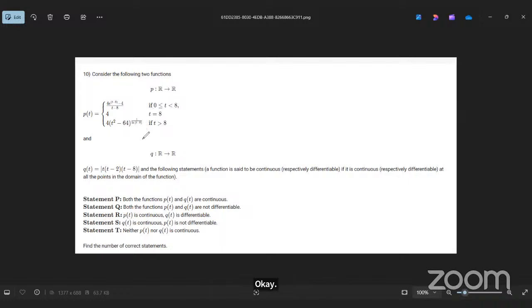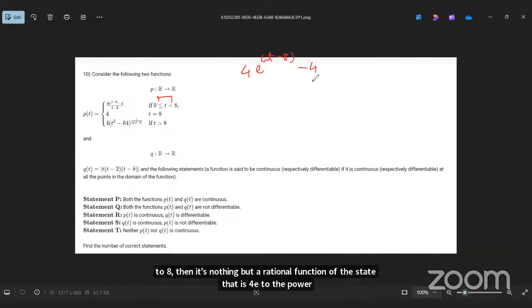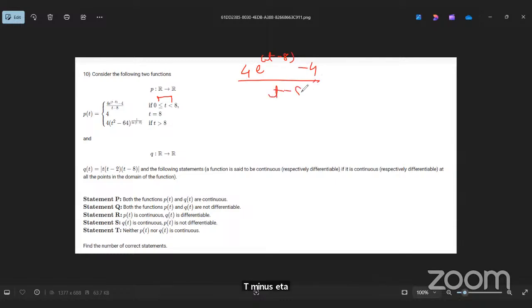Yeah, so here what you have to do is consider the continuity and differentiability of P(x) and Q(x). Observe that if you take any point between 0 and 8, it's a rational function of this type, (4e^(t-8) - 4)/(t-8).